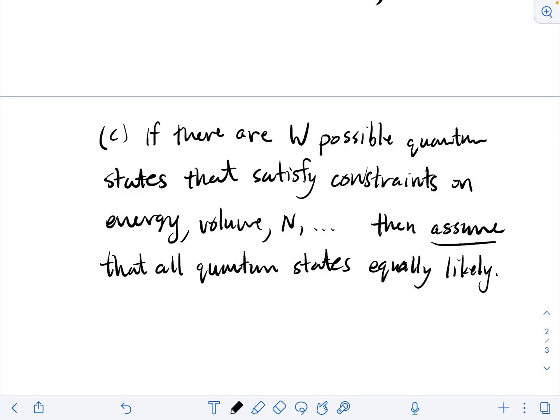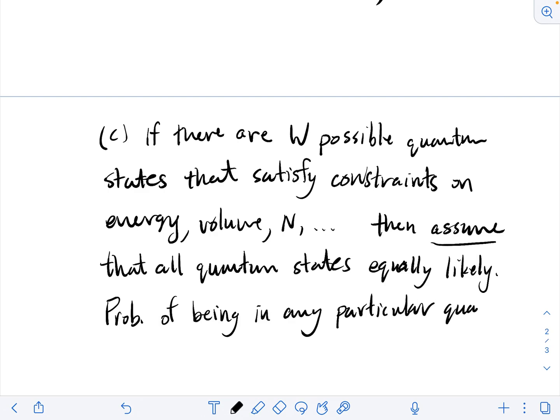That is, the probability of going to one of our jars and finding it in a particular quantum state is just 1 over all of the possible quantum states. So the probability of being in any particular quantum state is 1 over W.